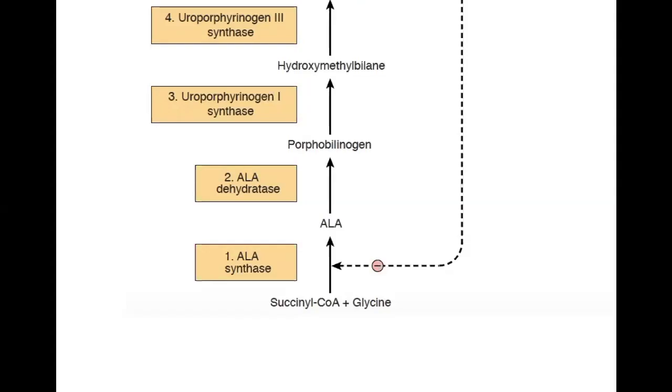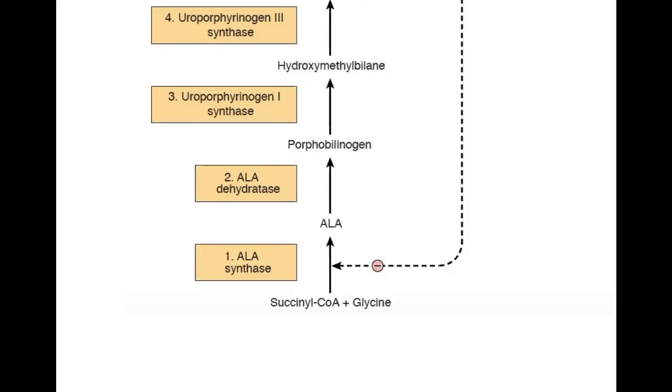ALA dehydratase is the enzyme which is inhibited when there is lead poisoning. Again, what is the enzyme which is inhibited in lead poisoning? It's ALA dehydratase.